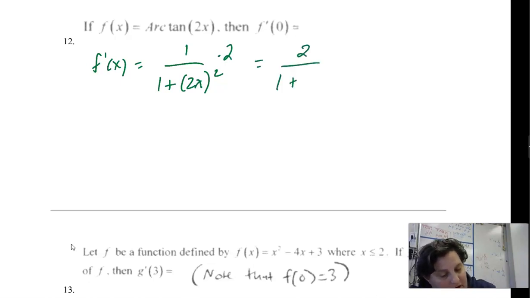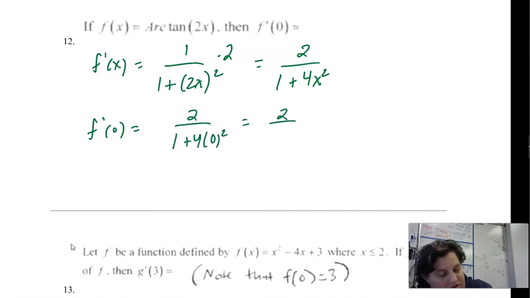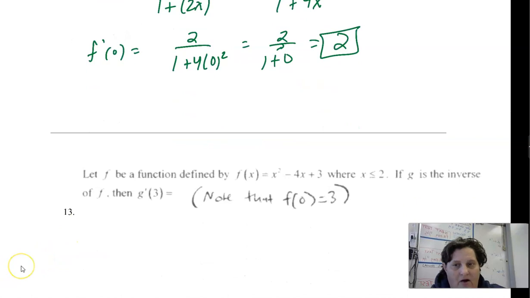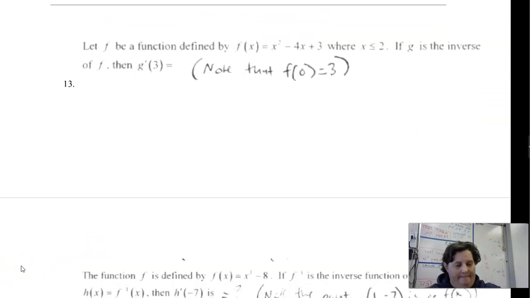So that, I'm going to go ahead and put 2x squared is 4x squared. Okay? So when I'm trying to find f prime of 0, I get 2 over 1 plus 4 times 0 squared, which is 2 over 1 plus 0, which is 2. Okay? All right, perfect.